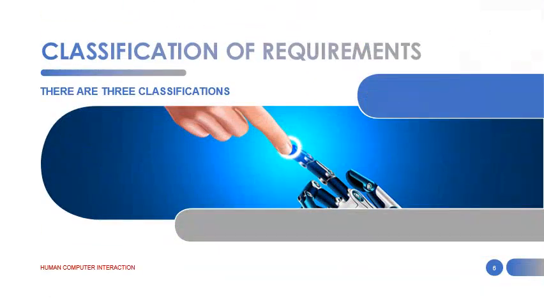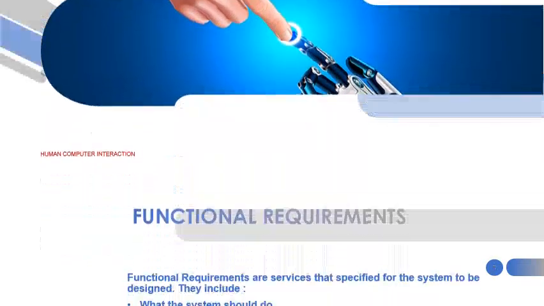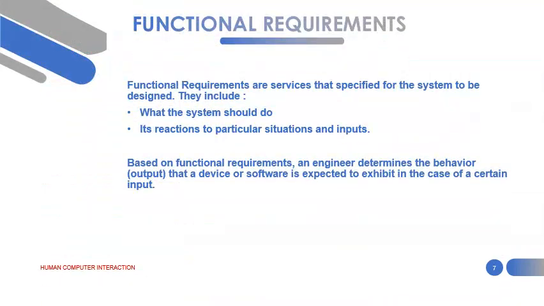Requirements can be classified into three categories, basically. The first one is functional requirements. Functional requirements are the services that are specified for the system to be designed, meaning what the system should do and how it's supposed to react to certain inputs.